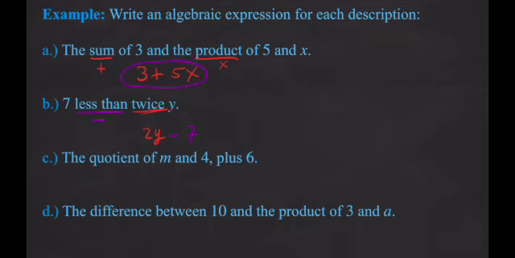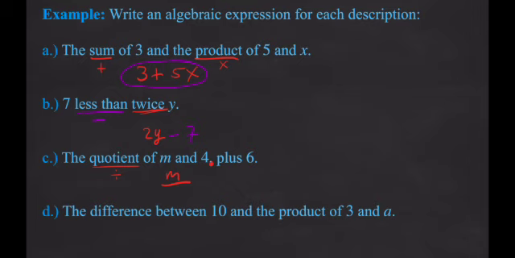Part C says the quotient of m and 4. Quotient is division. So we're doing the division of m and this other thing, 4 plus 6. I don't know why there's a comma there, but there shouldn't be.